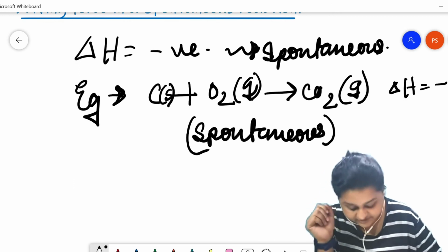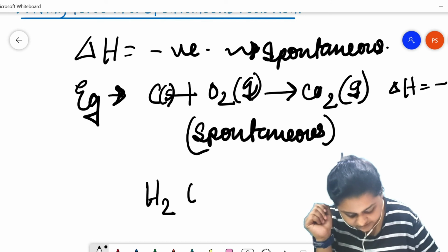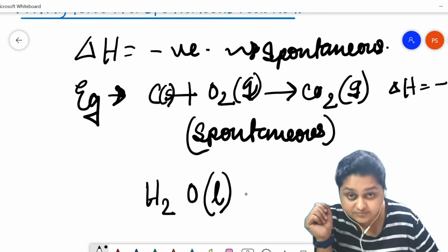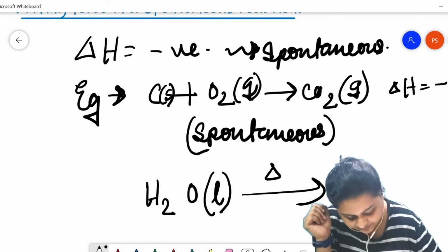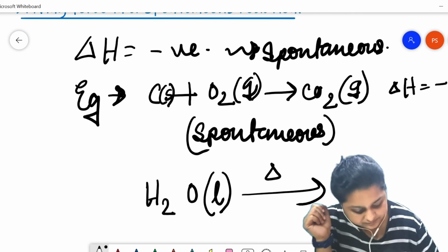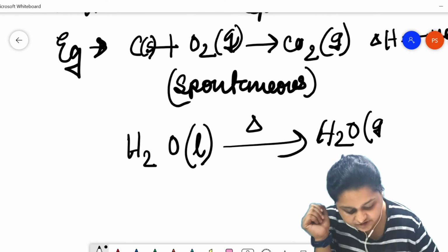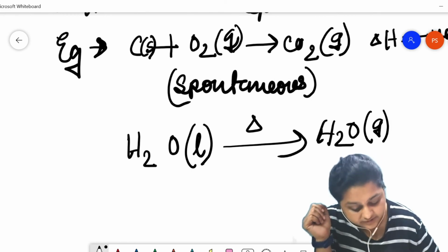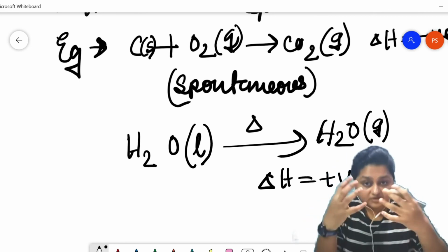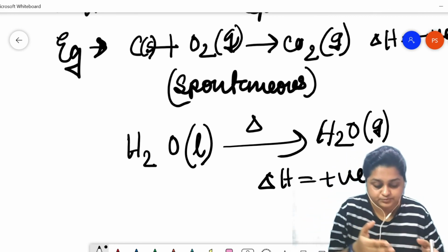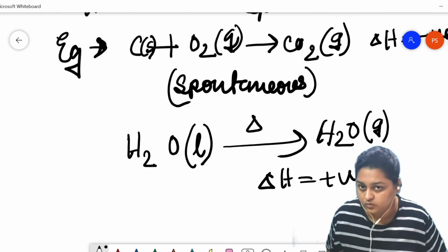Let's take another example. This is water, which is liquid. After providing heat energy, it becomes vapor, which is gaseous. Delta H in this process is positive. Energy has been consumed by the system to produce the vapor from the liquid.